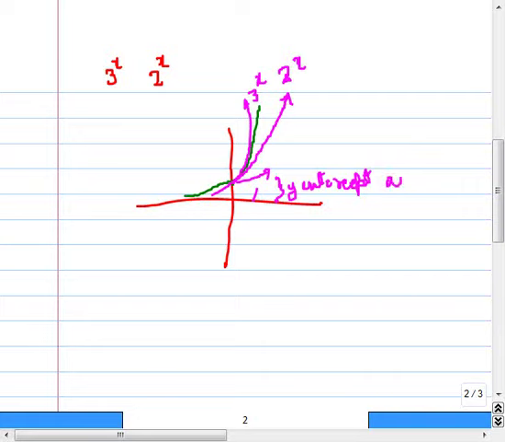At x is equal to 0, this value is 1. You can see 3 to the power x and 2 to the power x at x is equal to 0 have value equal to 1. So this intercept is 1.